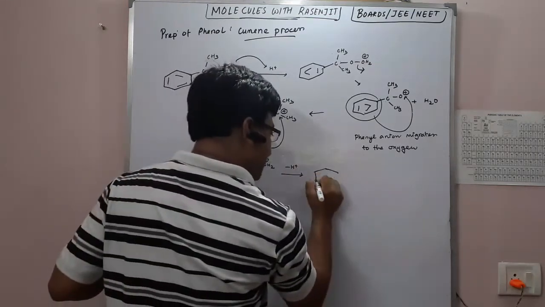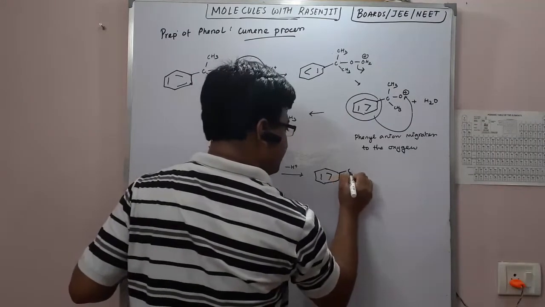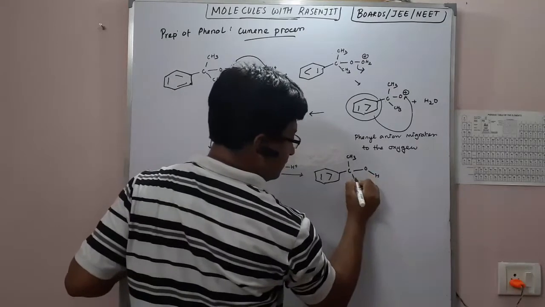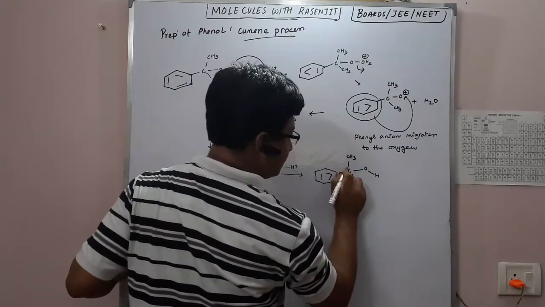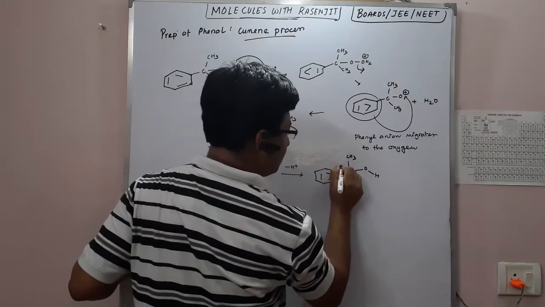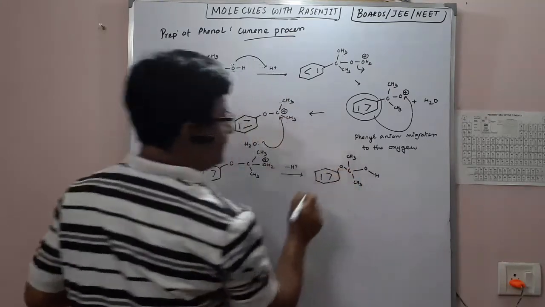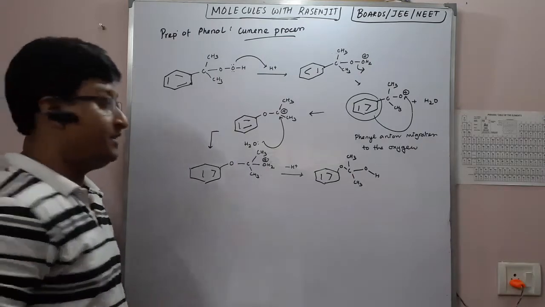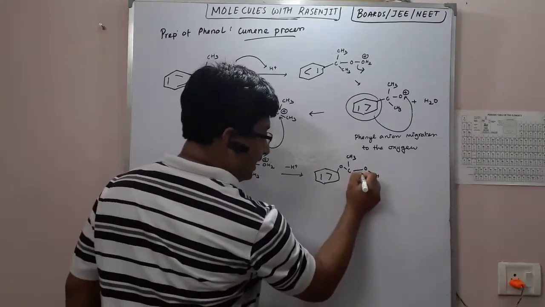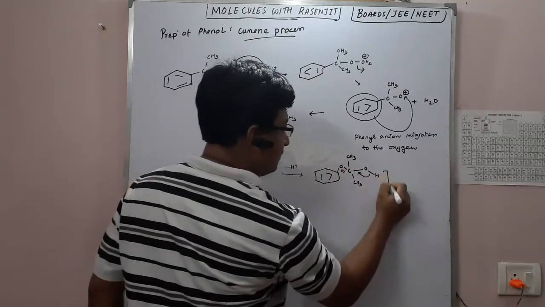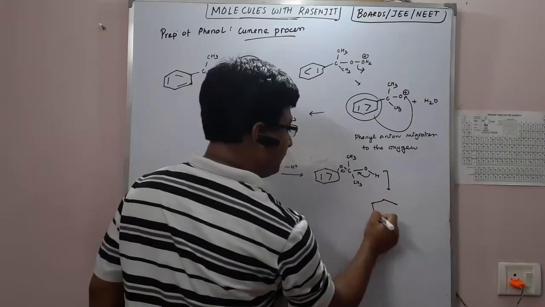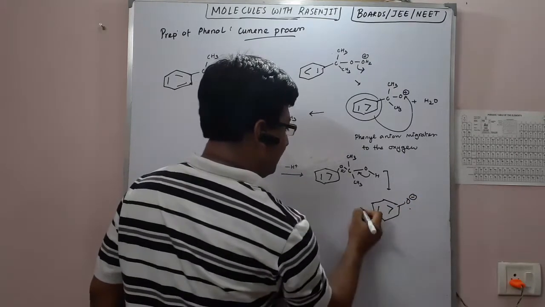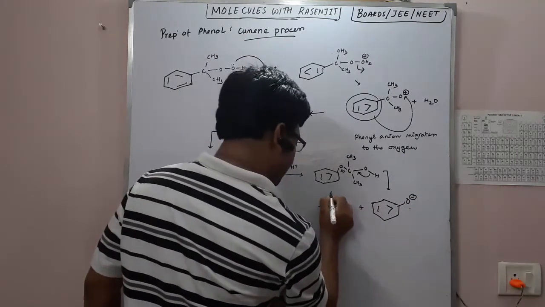So next, what you got here? C, CH3, OH, CH3. Sorry, here is one oxygen here. Now what will happen? It will undergo a rearrangement reaction. So this will come back here and this will leave here. So what is the product? This is the minus and plus, you get what? Acetone.